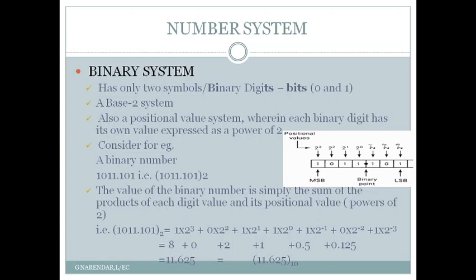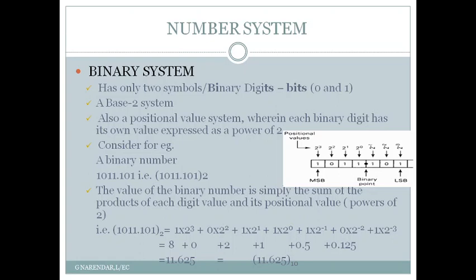The position values will start from 2 power 0, then 2 power 1, 2 power 2, 2 power 3, and so on as we move towards the left away from the binary point. And the position values will be 2 power minus 1, 2 power minus 2, 2 power minus 3, and so on as we move towards the right away from the binary point.